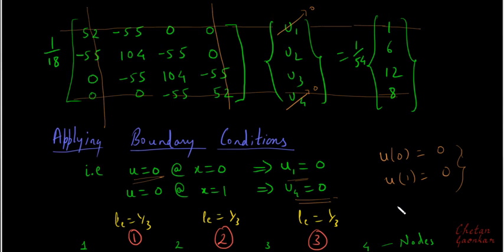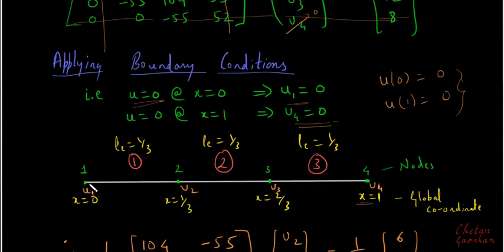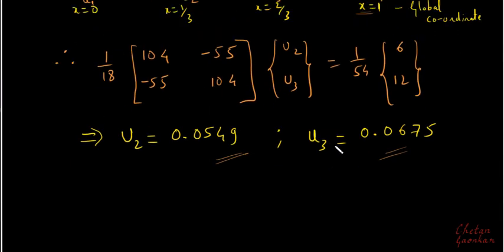The approximate method which we used in this finite element method is the Galerkin's weak formulation, or modified Galerkin method. Since we had divided this domain into only three elements, element 1, element 2 and element 3, and the nodal values were already given in the boundary condition, this is 0 and this is 0, the only unknown values which remained were u2 and u3.